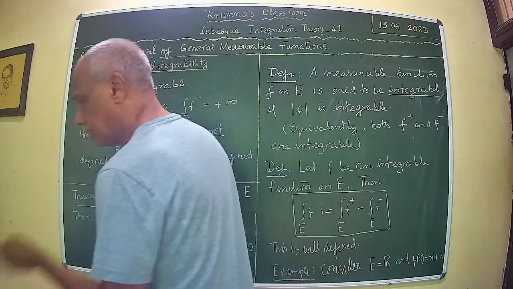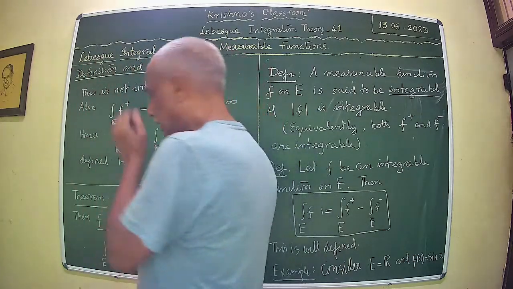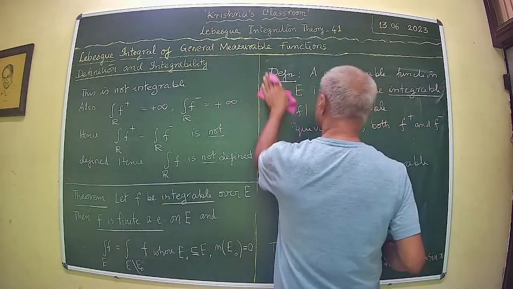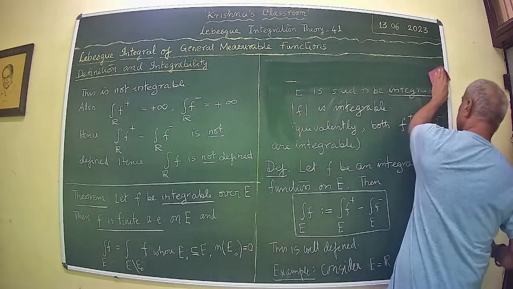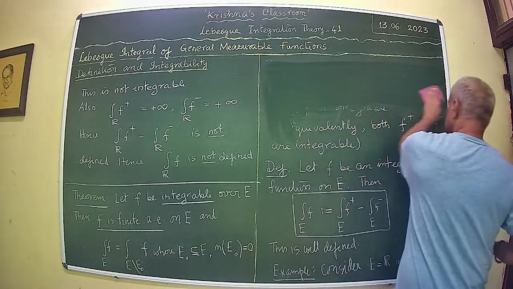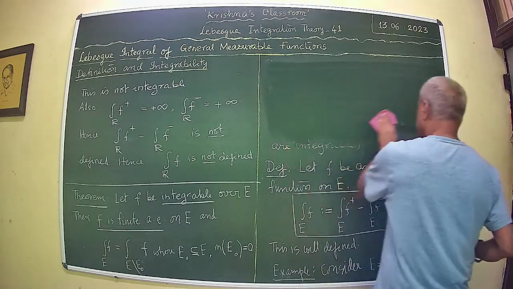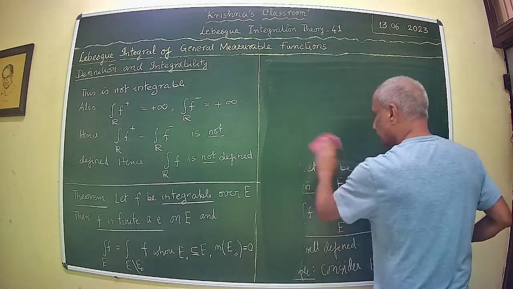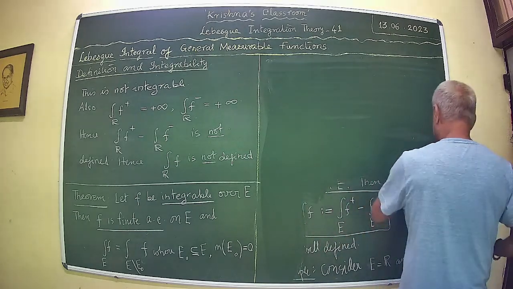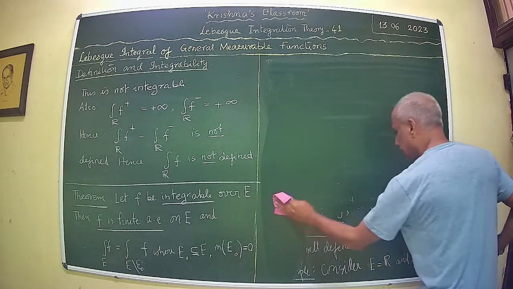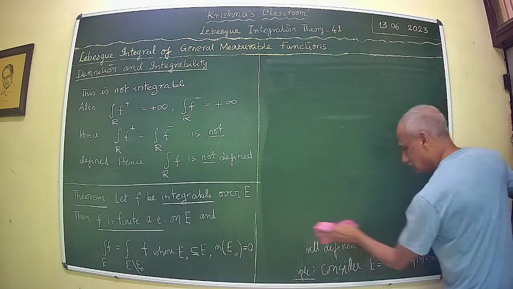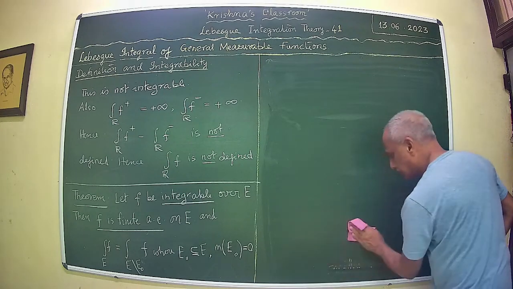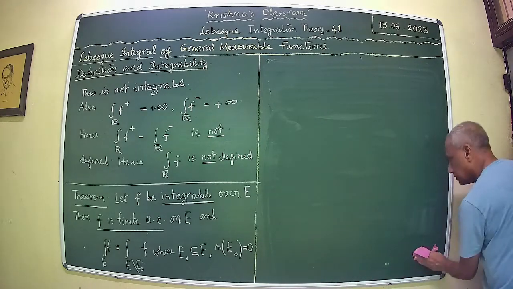How do we come to this conclusion? Now the proof is very simple, straightforward. We have earlier proved that if f is non-negative and integrable, then with the help of the Chebyshev inequality, in the last section, we showed that f is finite almost everywhere.